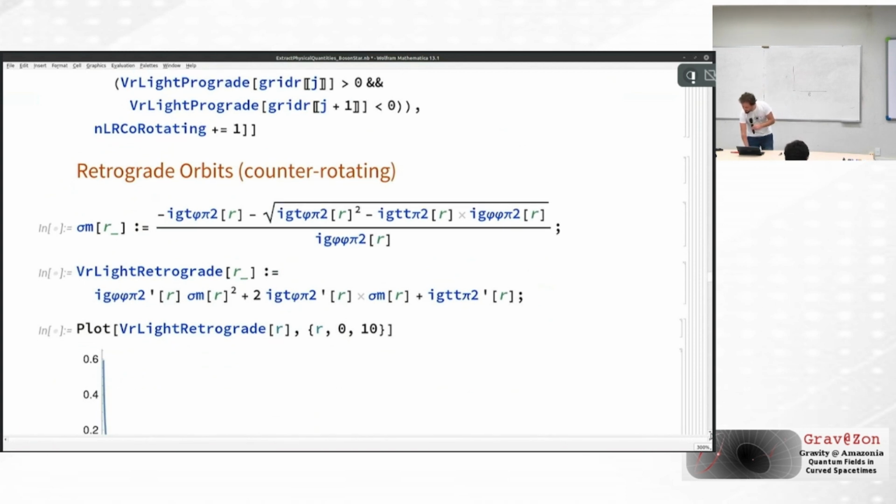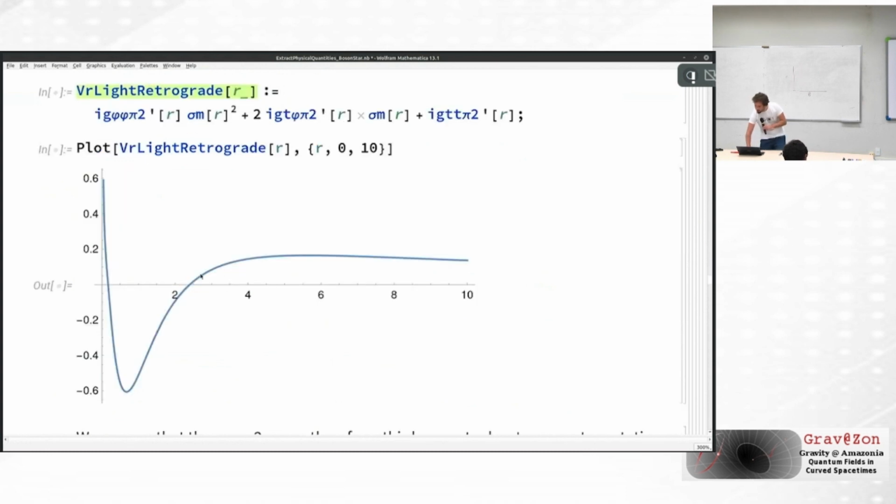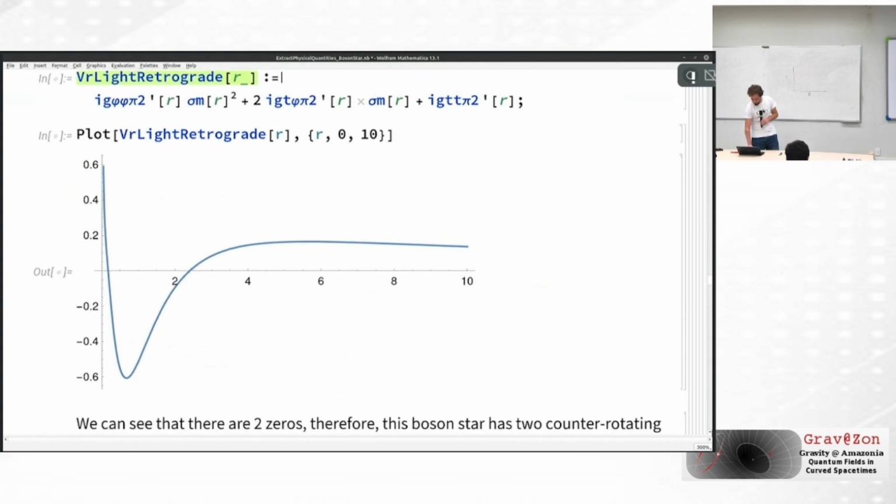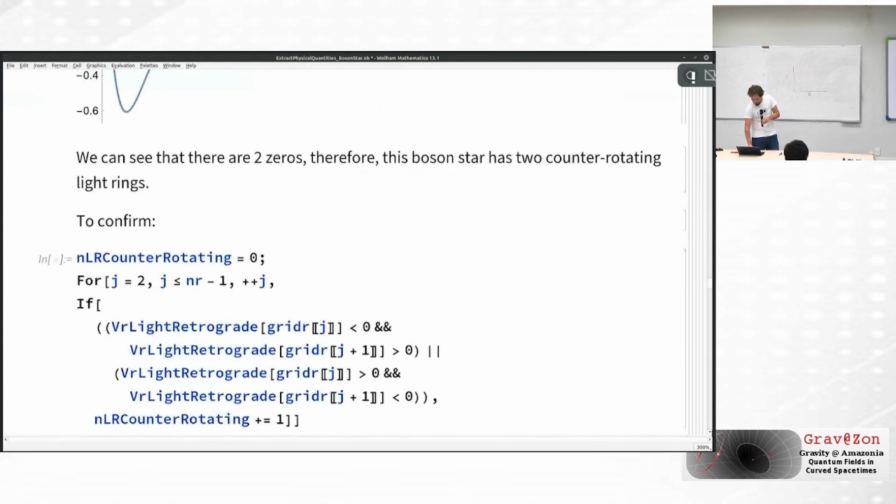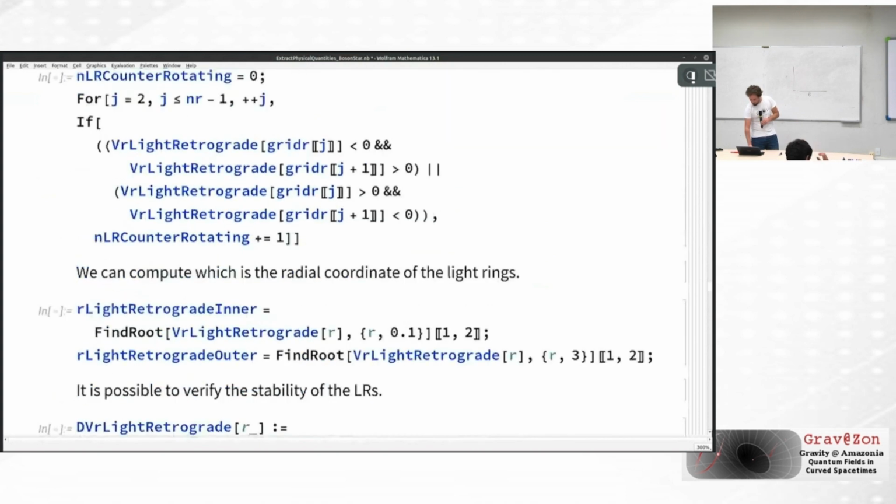Okay, then you can do exactly the same for the retrograde case. Now here we have a minus. Then you can again do the plot and see that in fact for this boson star, for the retrograde case, there is a pair of light rings. So this is in agreement with Pedro's lecture. You can confirm the number of light rings, and you'll find that there are 2.